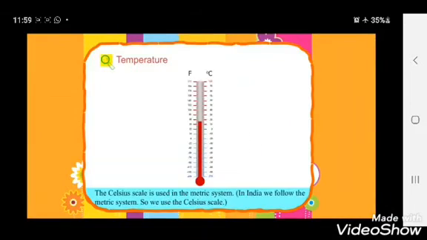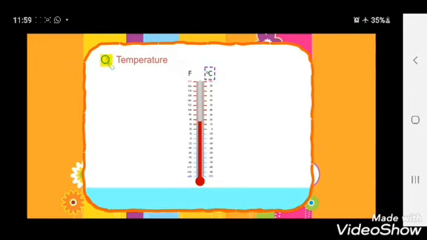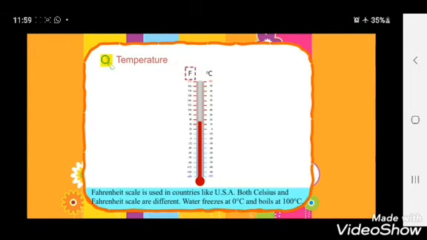The Celsius scale is used in the metric system. In India, we follow the metric system, so we use the Celsius scale. The Fahrenheit scale is used in countries like the USA.